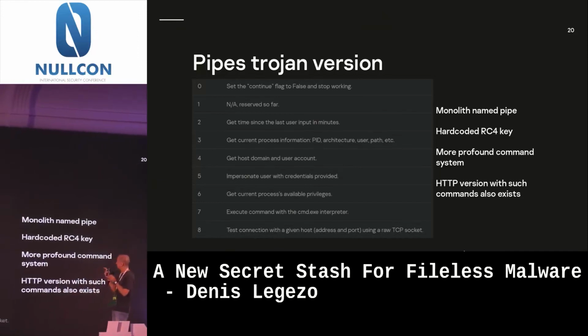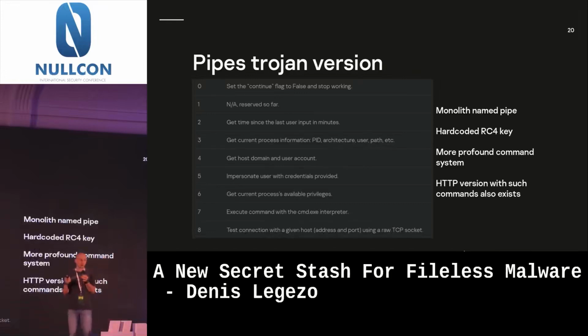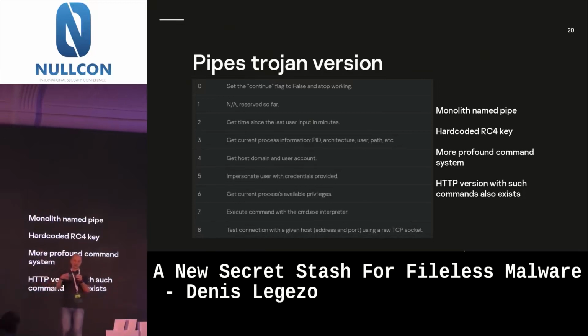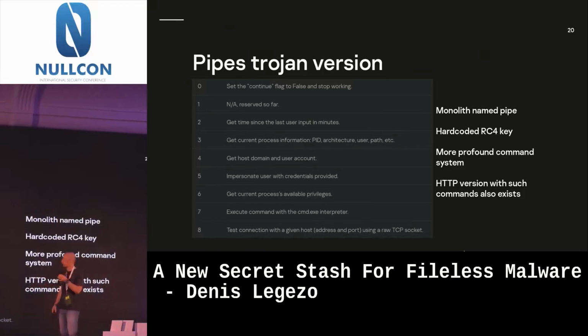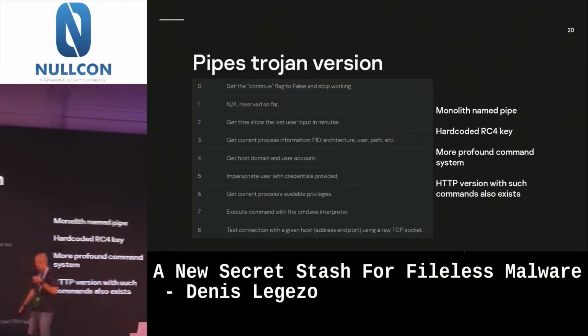And take a look, in this case, the command system is far more profound. Not all of it is here, otherwise it would be too long a list. And one more thing I want to emphasize, an HTTP version with the same profound command system also exists. So they could construct their Trojan as they want.